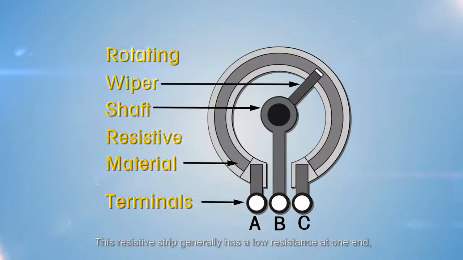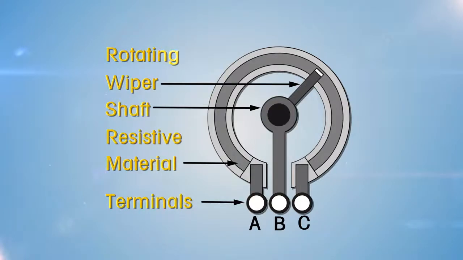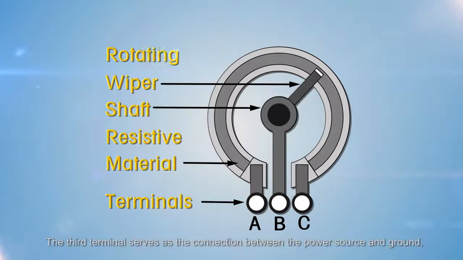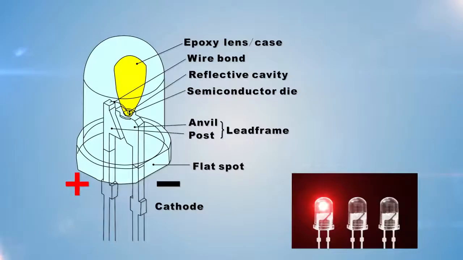This resistive strip generally has a low resistance at one end, and its resistance gradually increases to a maximum resistance at the other end. The third terminal serves as the connection between the power source and ground, and usually is operated by the user through the use of a knob or lever.